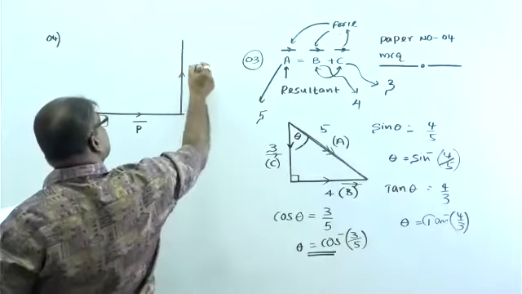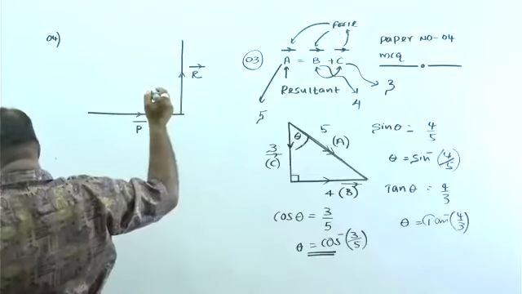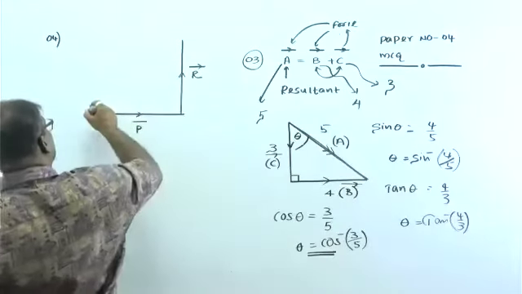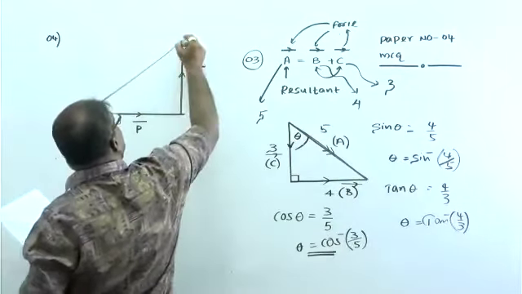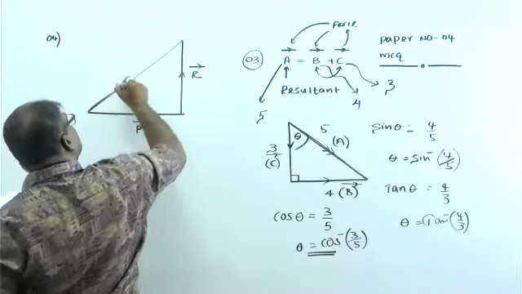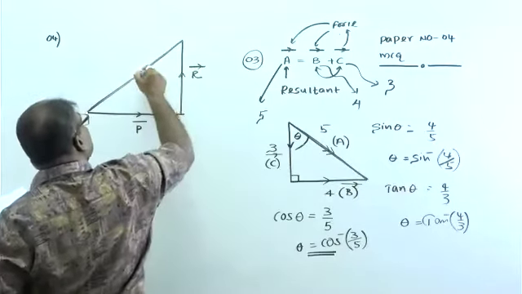It's like this. And the third one should be Q, no? This one is Q, right?